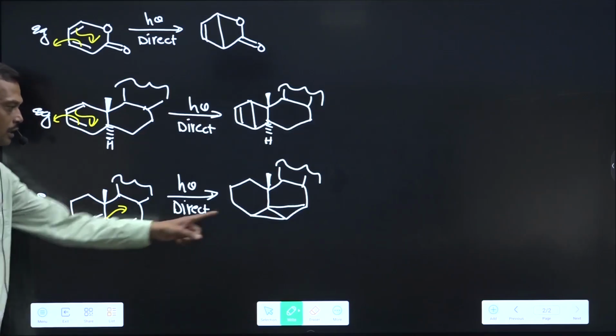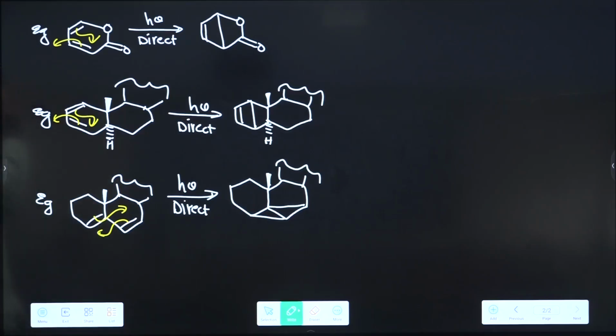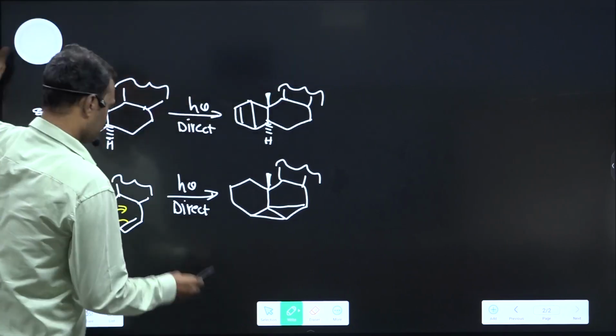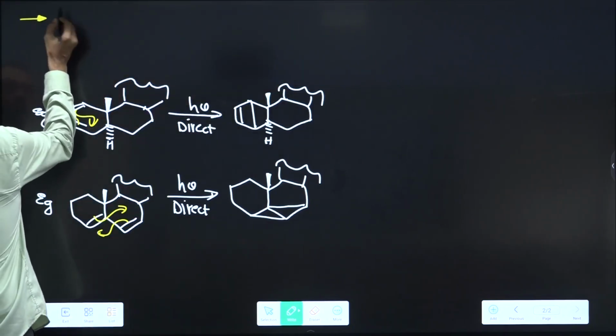Trans directly irradiated, you will get a bicyclic compound. So that is 1,3 butadiene.